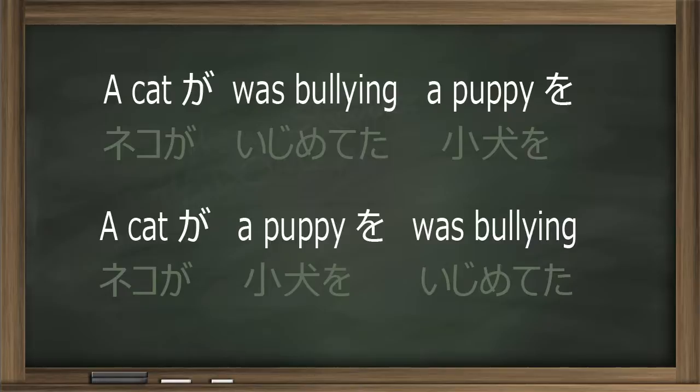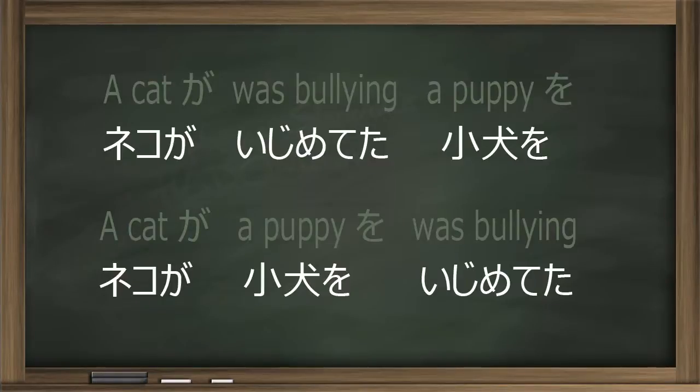Obviously, the bottom one is the one that you want to get a feel for eventually, but it's probably easier for you to get a feel for o and ga with the top sentence. So start with the top sentence and try to practice saying o right after a puppy and ga right after a cat. And when you get the feeling for that, saying the bottom one probably feels pretty natural to you too. So start with the top one and move to the bottom one.